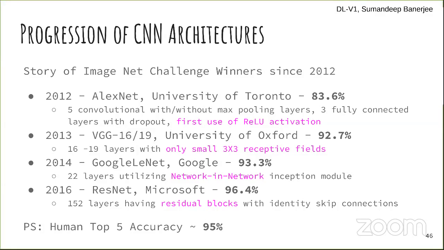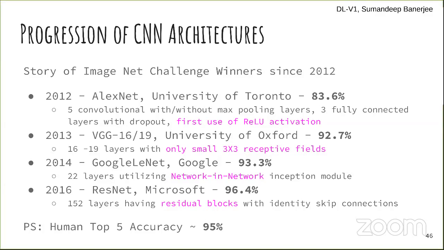The network in network block within Google LeNet is also called the Inception module, and the name is inspired from the movie Inception. I think Leonardo DiCaprio was the actor, and there was that famous sentence that we need to go deeper. So 22 layers is pretty deep for 2014, and coincidentally that was the reason for naming the architecture Inception.